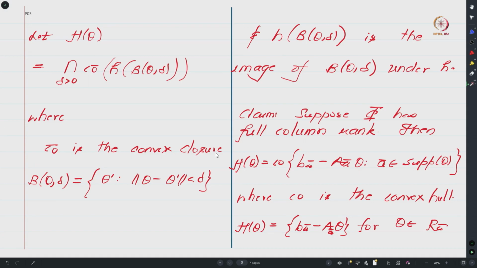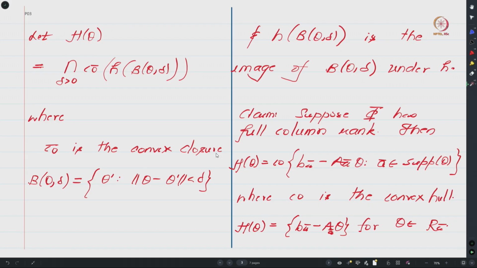So whatever is your set, you identify the convex closure associated with it. Basically, convexity ensures that if you take any 2 points, the line segment joining those 2 points will sit within that set itself. That is what convex means, and closure means that the set includes all its limit points.